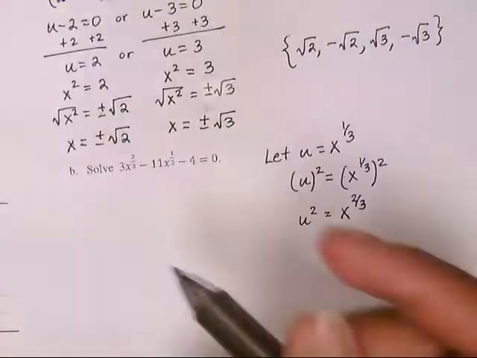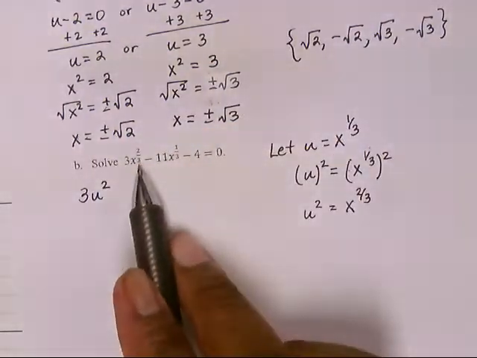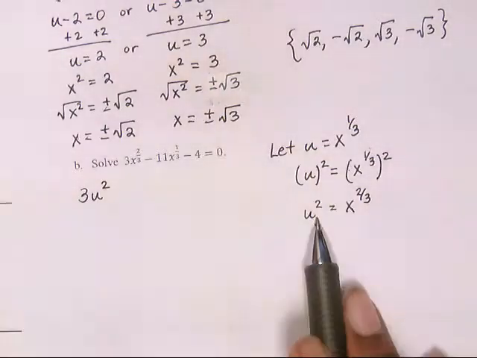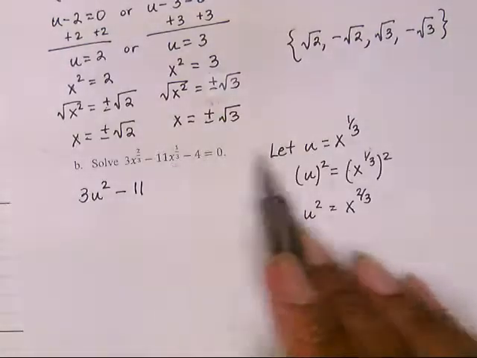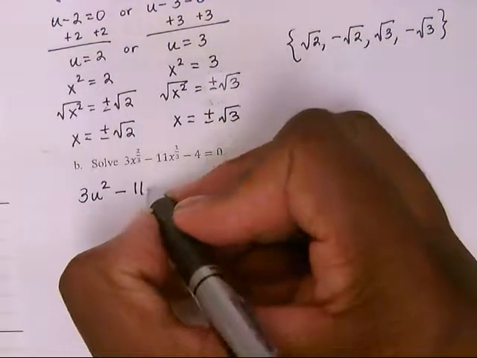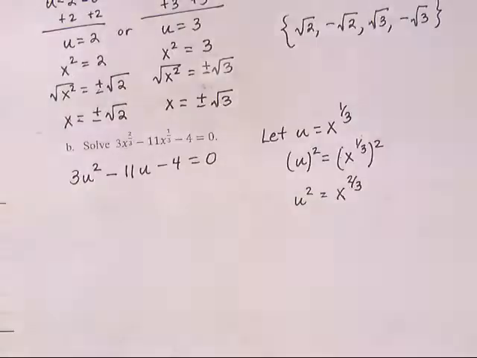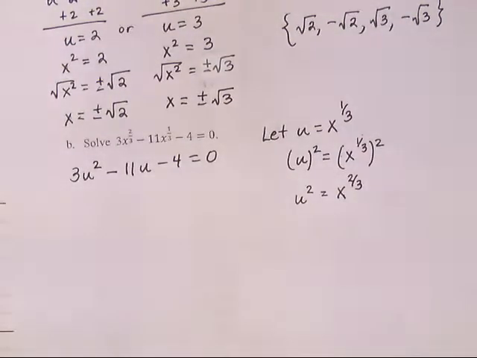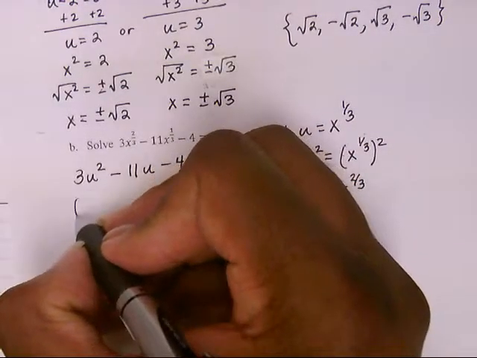So when I substitute, I'm going to have 3 u squared, because I'm letting x to the 2/3 be u squared, minus 11 times that x to the 1/3 will be u, minus 4, equal to 0. And then from here we just factor that completely, if we can.